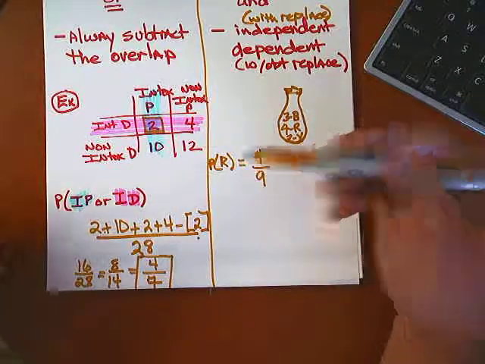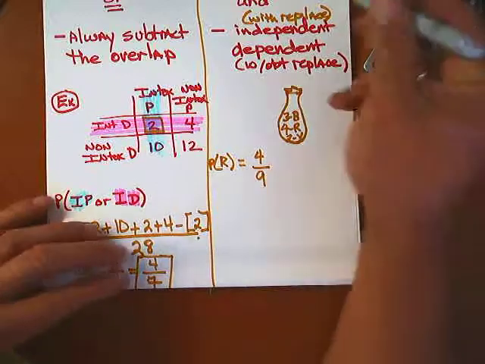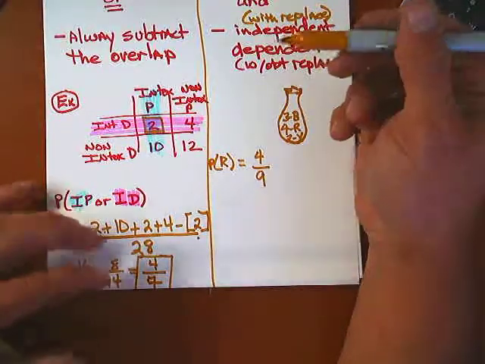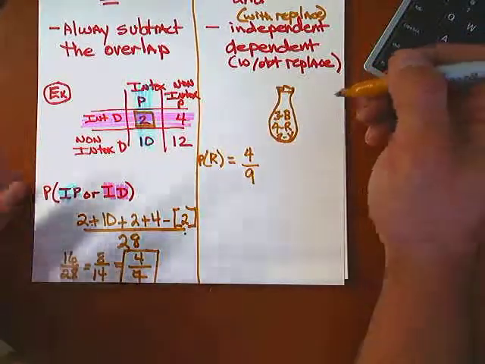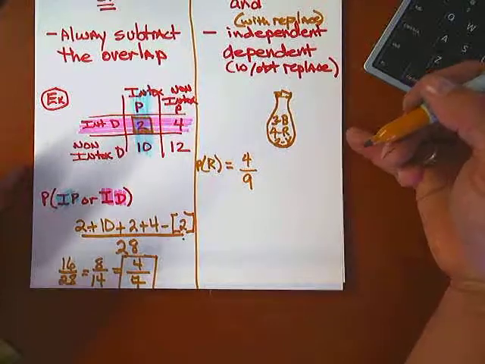Well, what do you do with that marble after you picked it? Because you got to reach your hand in and pick a marble. Alright, you got a 4/9 chance of it. Do you put the marble back in, or do you put it in your pocket? Well, that's what this is right here.